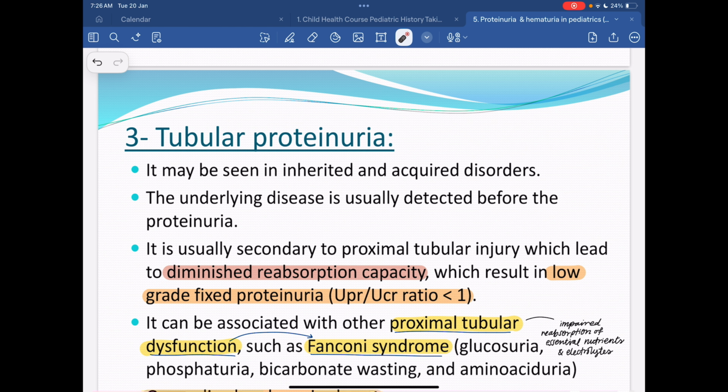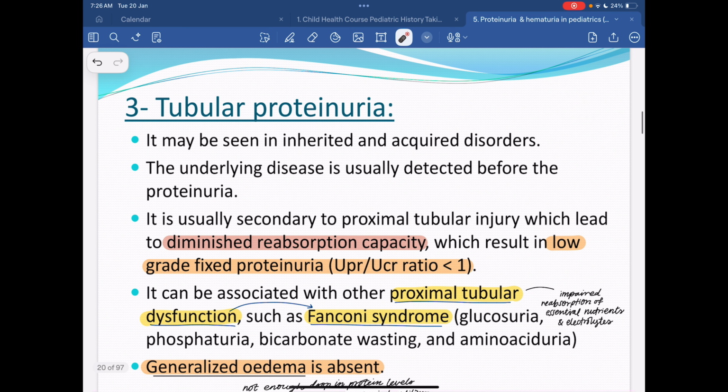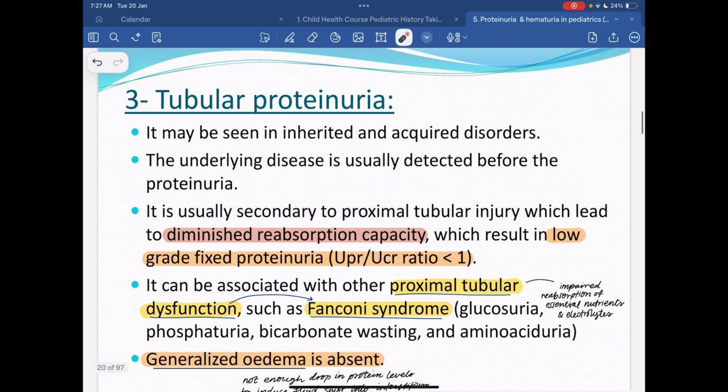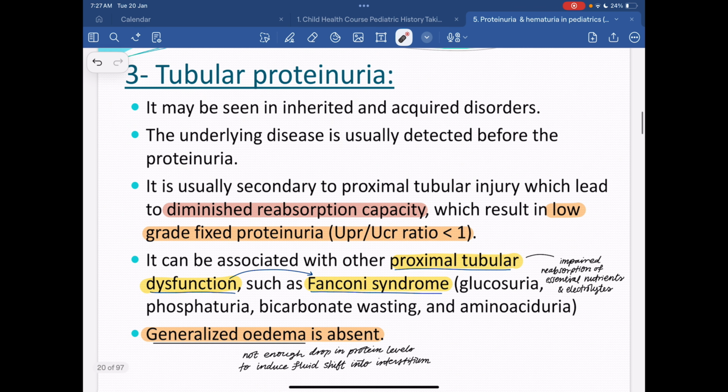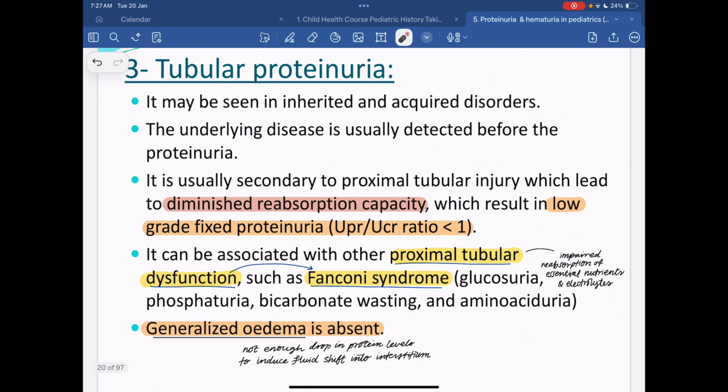So tubular proteinuria may be seen in inherited and acquired disorders. The inherited زي مثلا Wilson's disease, acquired disorders. أتوقع any renal insufficiency. The underlying disease is usually detected before the proteinuria. Okay.